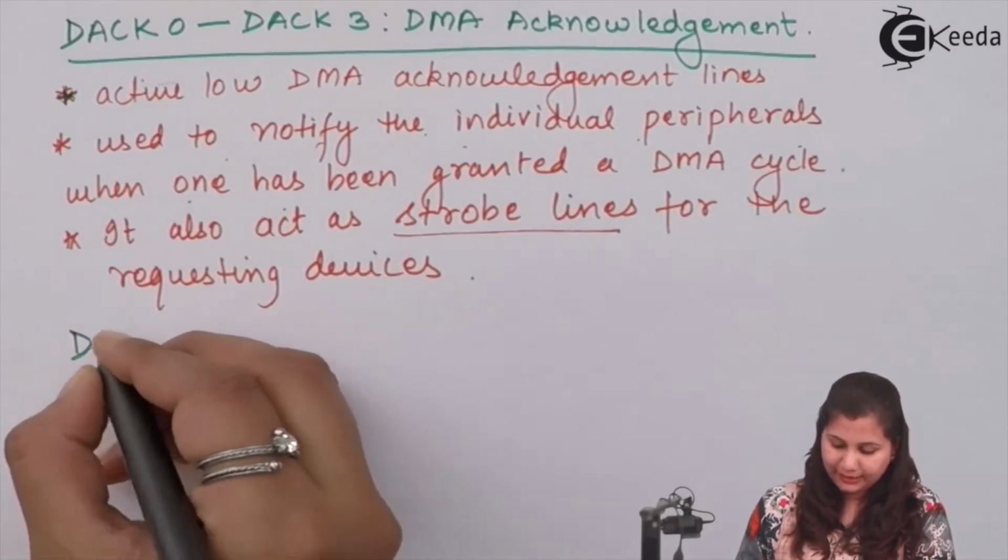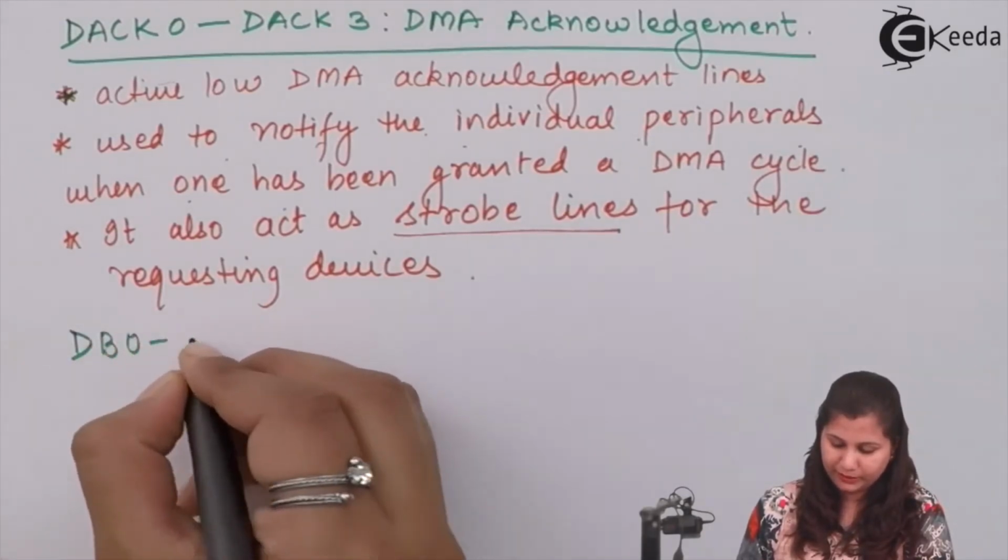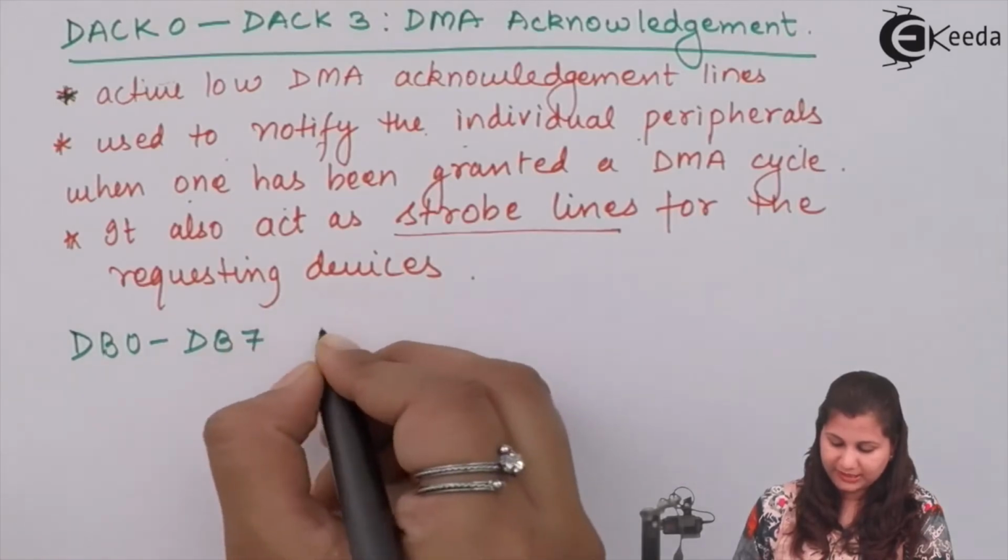Next we have the lines DB0 to DB7, which is the data bus.